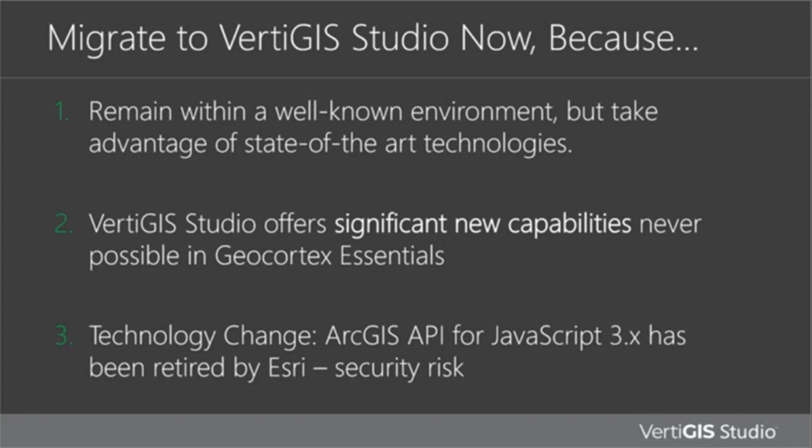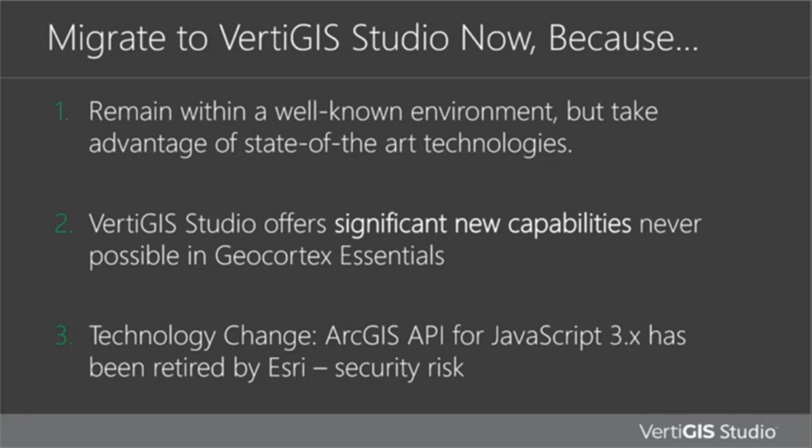And second of all, VertiGIS Studio offers significant new capabilities, right, which were never possible in Geocortex, and I will just highlight this within the next slides. And for me, actually, looking at an enterprise setup and also in the discussions over, for example, yesterday, security is always a big concern, right? Especially nowadays with a lot of hacker attacks.